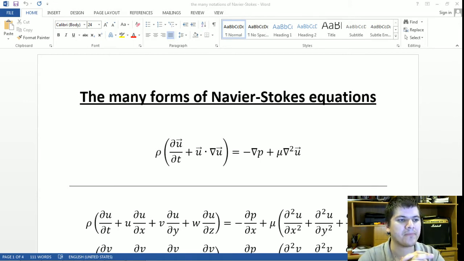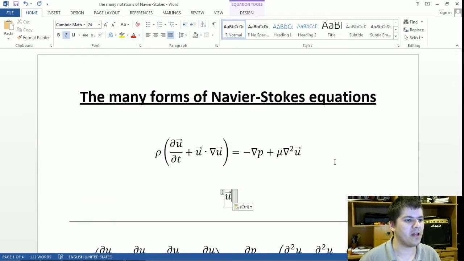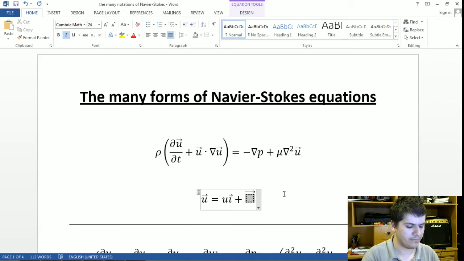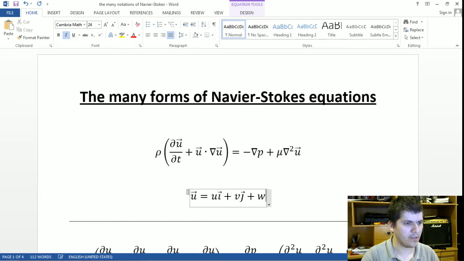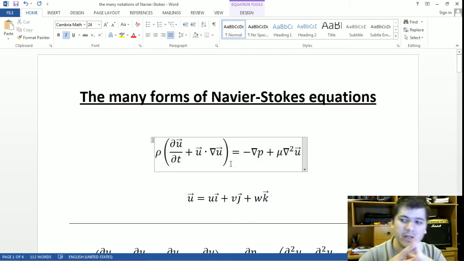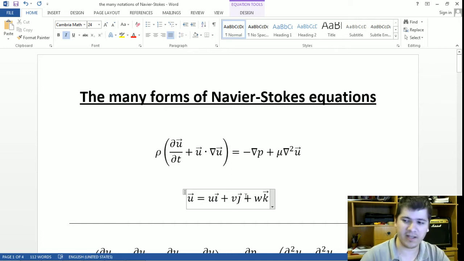So first of all, one of the first forms I would like to talk about in this video is the form that is mostly known by engineers, which is where we separate each of the velocity components in U, V, and W. Okay, so these are the unit vectors I, J, and K, and each of the velocity components are expressed as U, V, and W, right?